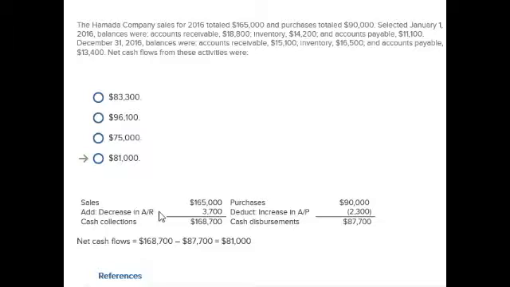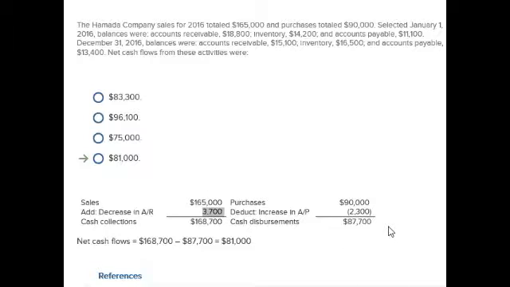When there's a decrease in AR, my AR has been reduced, so I must have received more cash from my customers. So that's why we could add that balance difference to the sales amount, and then we could get the total cash collection from customers.